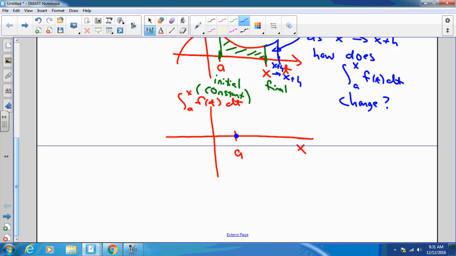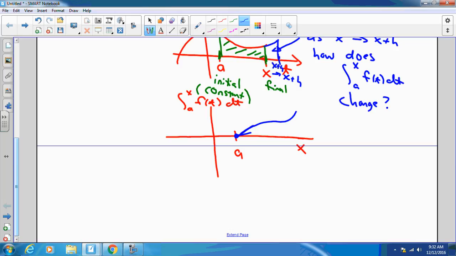I think it's fairly clear that if I start at x equals a, then my accumulator function will be 0, because the integral from a to a of f of t must be 0. And then for this particular f, you can see that since f is positive, as I go out, I'm going to accumulate ever-increasing values so that my accumulator function will be increasing in some manner. And just from the graph of f, it looks like it's going to be increasing something like this.